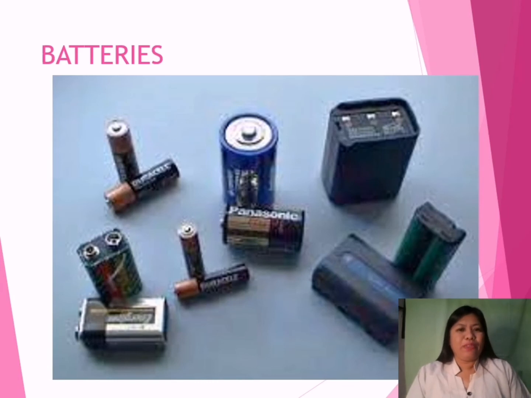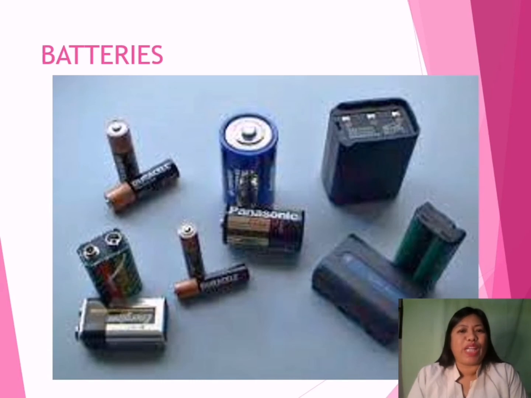When connected to an external circuit, electrolytes move within the battery and the chemical reactions are completed at the two terminals of the battery. The movement of electrons generates the current and sends electricity to the external circuit.